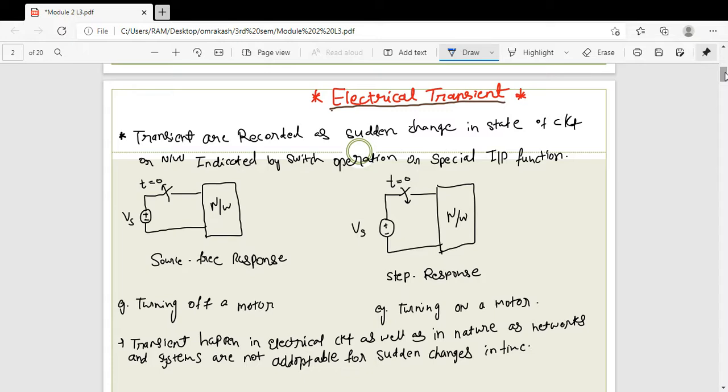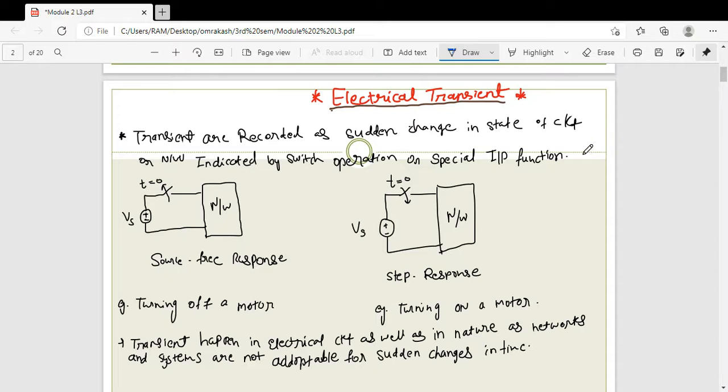You have to convert the electrical network into S domain, redraw the circuit, and then simply apply KVL, KCL, and solve the circuit. At the end, you use the inverse Laplace transform, and you get the desired output equation. But in time domain analysis, there are certain steps you have to follow for finding the solution.